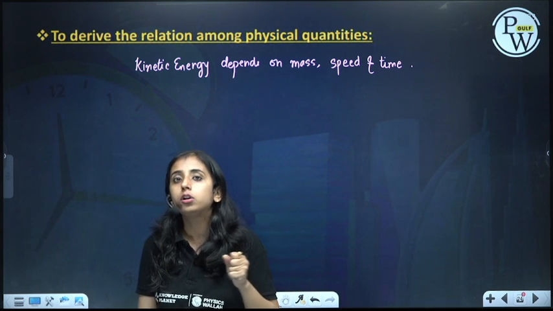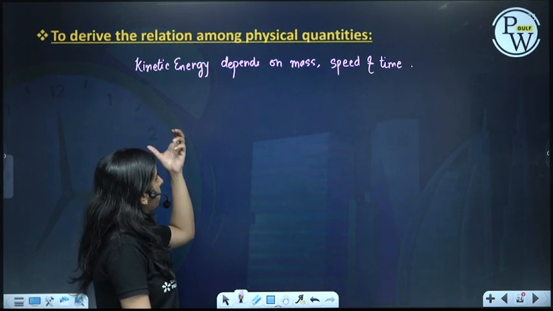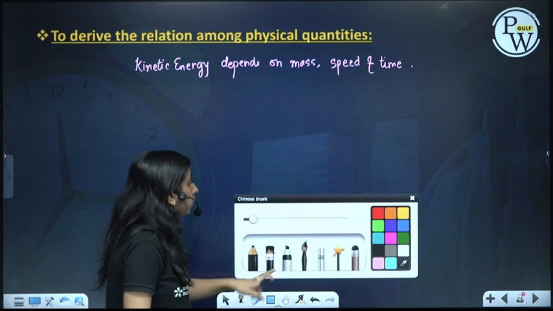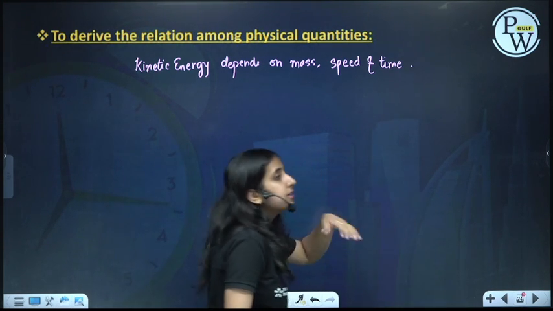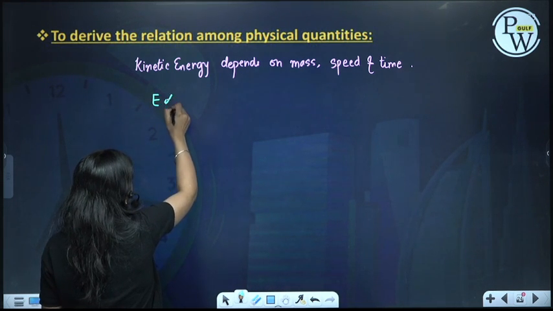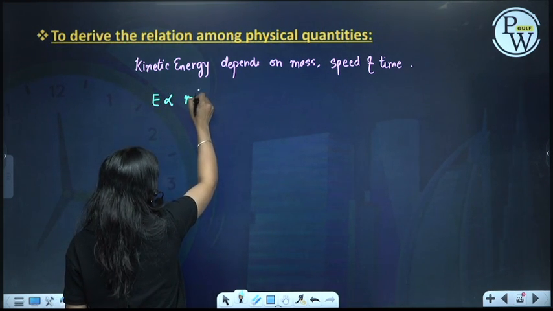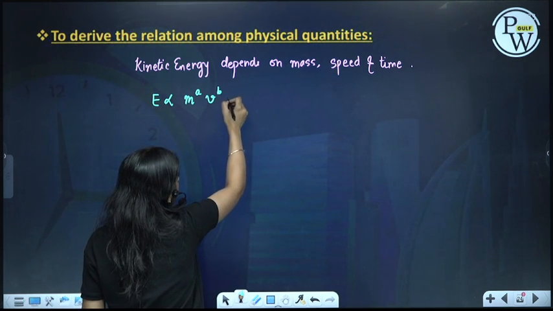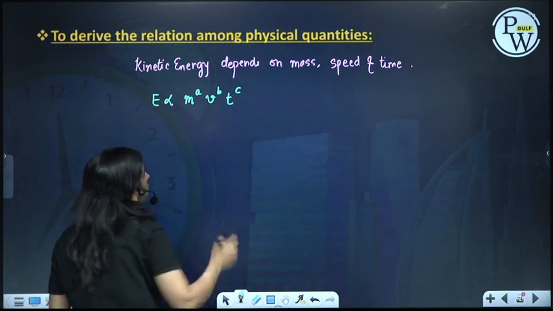Now we want to derive a relation between kinetic energy, mass, speed and time. So let us take that kinetic energy is directly proportional to m raised to the power a, speed raised to the power b and time raised to the power c.